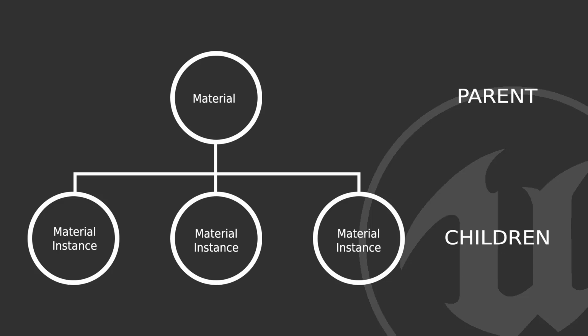So for example, if you look back to our parent material, you can see that I had a vector parameter, a tiling parameter, and a few other scalar parameters that all dealt with roughness, specularity, tessellation, and tiling. If those parameters did not exist inside the material, then they would not be able to exist inside our material instance.